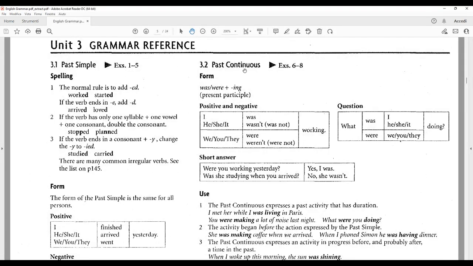This is past simple. Then we have past continuous. Quindi we use the ing just like for the present continuous, okay? We use the ing. The ing is the gerund, we said, è il gerundio. We use the ing, sempre con il verbo essere, ok?